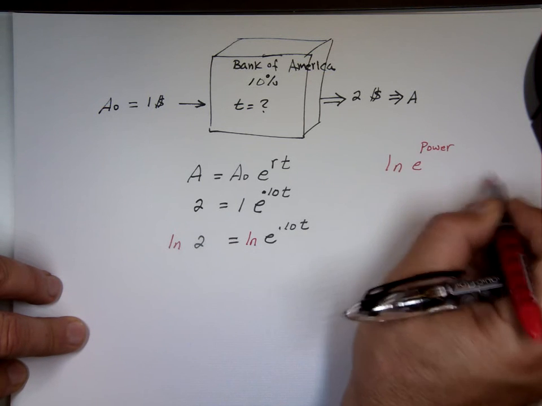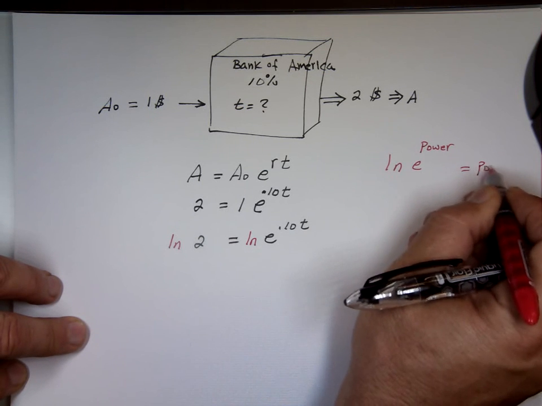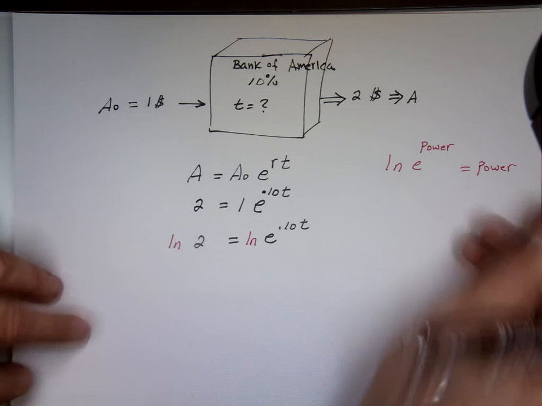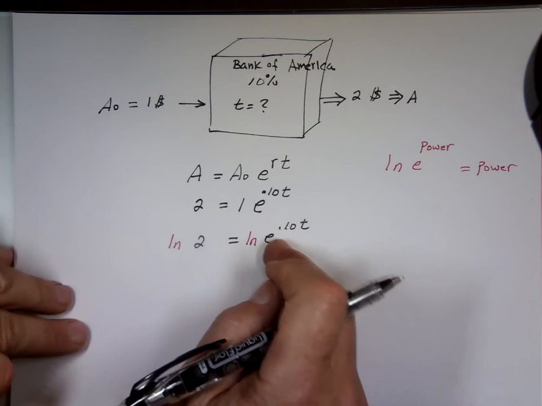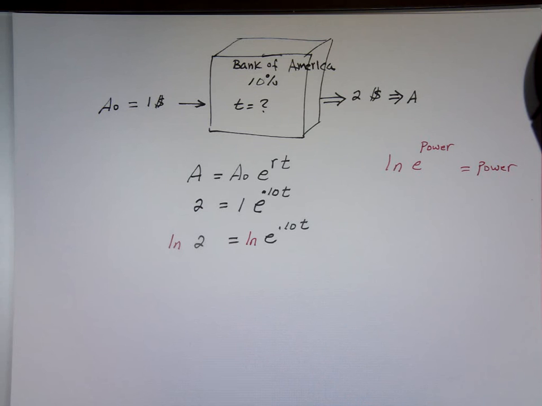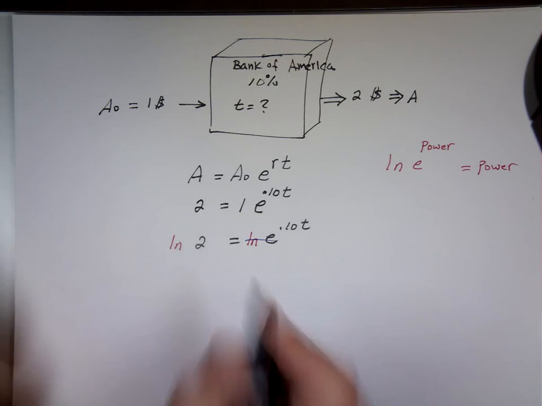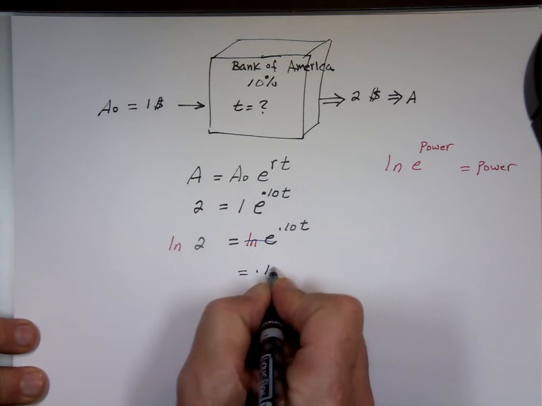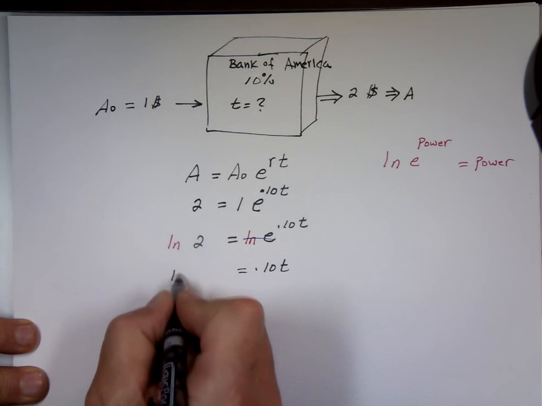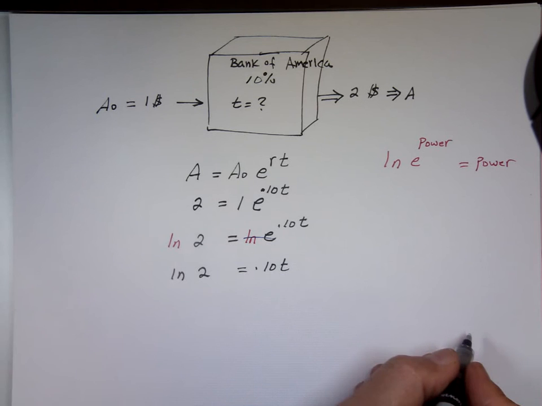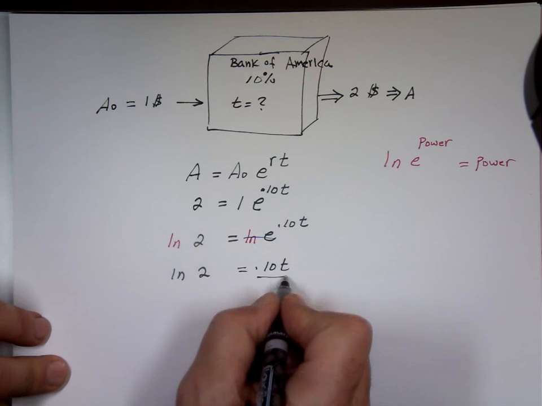Just the power. So these two will cancel each other out, because they are the inverse of each other. You end up with the power. And to solve for t, what are you going to do? Divide by 0.1.